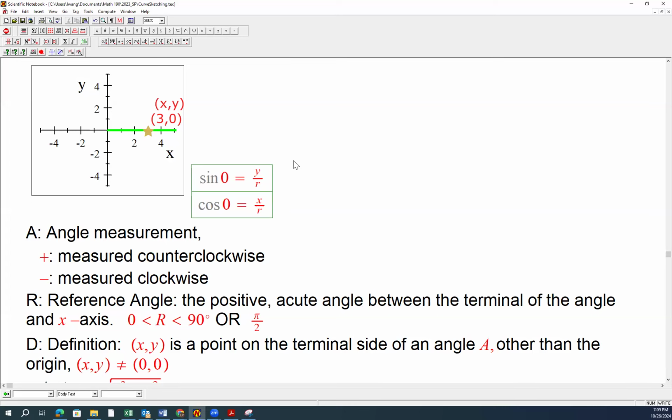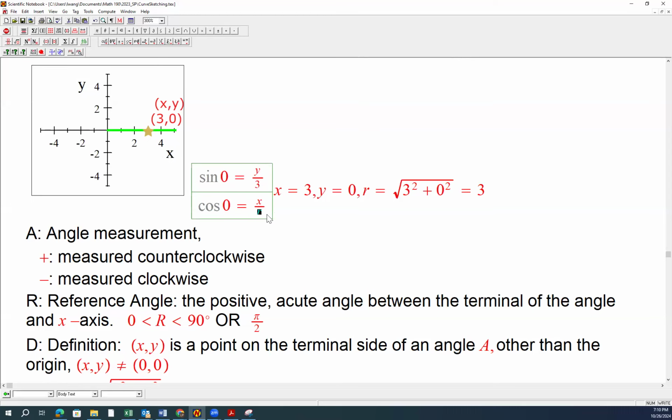We know that x equals 3, y equals 0, and r equals the square root of x squared plus y squared. So 3 squared plus 0 squared, the square root of 3 squared, equals 3. So r equals 3.